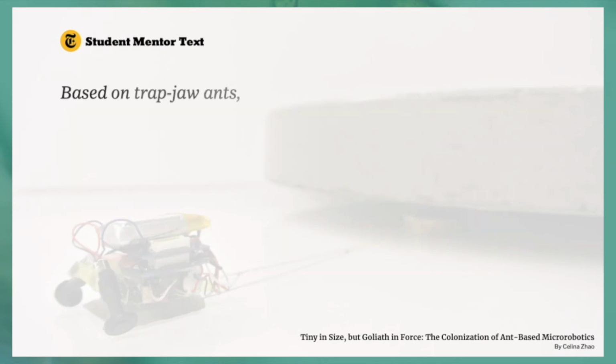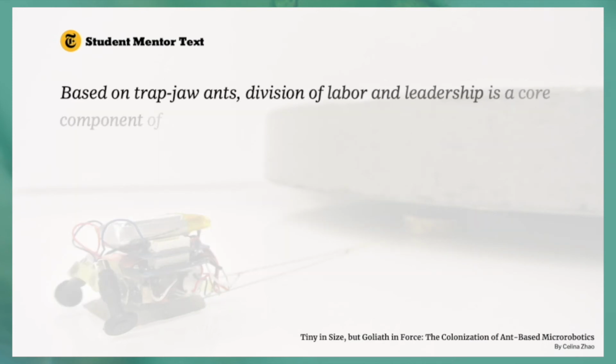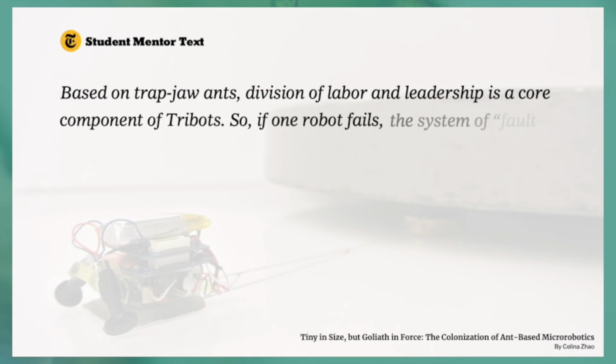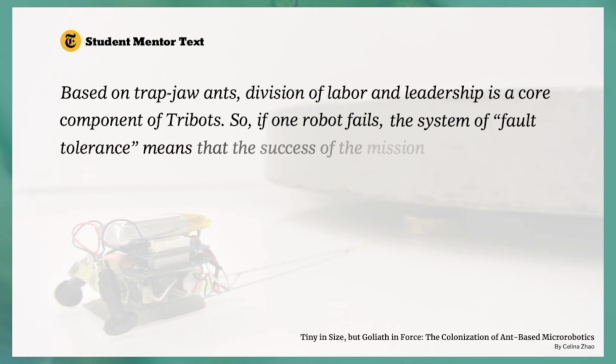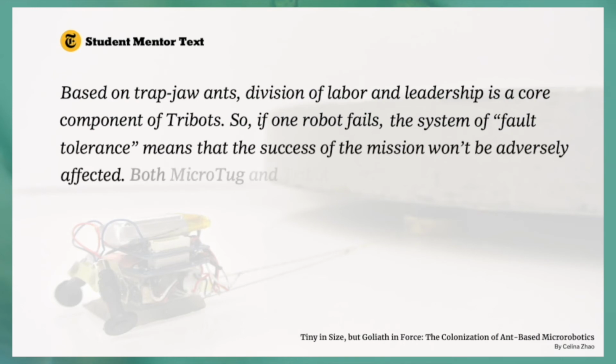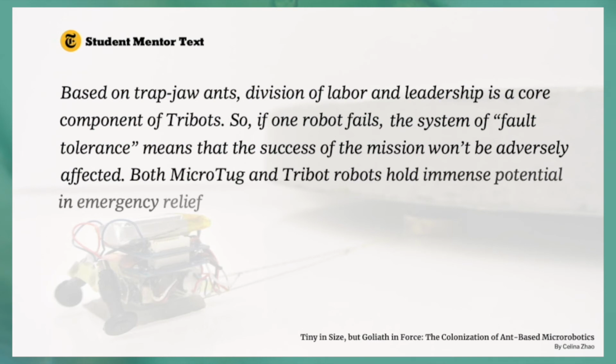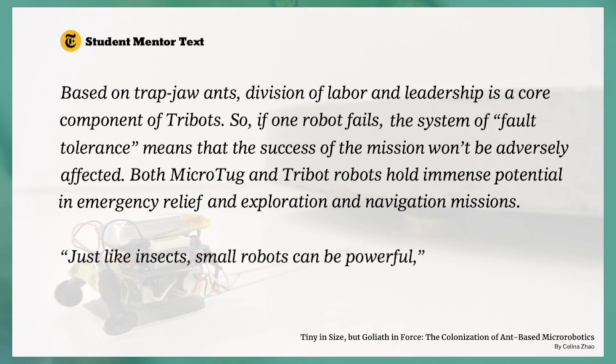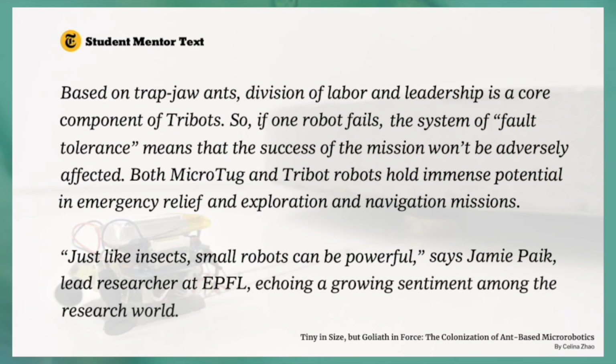Based on chop-jaw ants, division of labor and leadership is a core component of Tribot. So, if one robot fails, the system of fault tolerance means that the success of the mission won't be adversely affected. Both Microtug and Tribot robots hold immense potential in emergency relief and exploration and navigation missions. Just like insects, small robots can be powerful, says Jamie Paik, lead researcher at EPFL, echoing a growing sentiment among the research world.